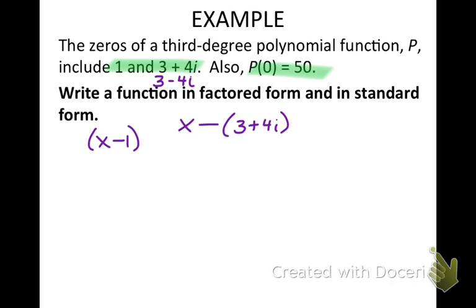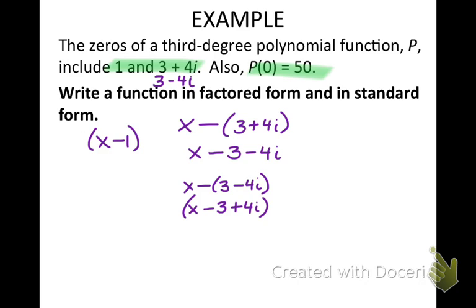If I distribute that negative, it would go to x minus 3 minus 4i, right? And if I did the same thing for the conjugate, I'm doing x minus (3 minus 4i), which when I distribute that negative would get me x minus 3 plus 4i.